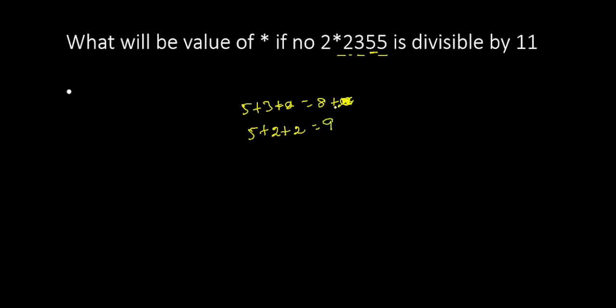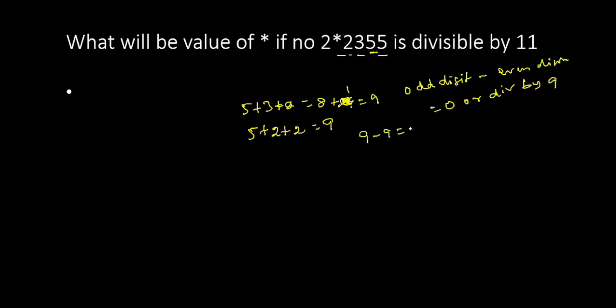Now when I want to divide by 11, the odd digit sum minus the even digit sum should be equal to 0 or divisible by 11. When I put star equal to 1 here, it will also become 9. So 9 minus 9 will be equivalent to 0. So the answer for this is 2, 1, 2, 3, 5, 5, 5. This will be divisible by 11 here.